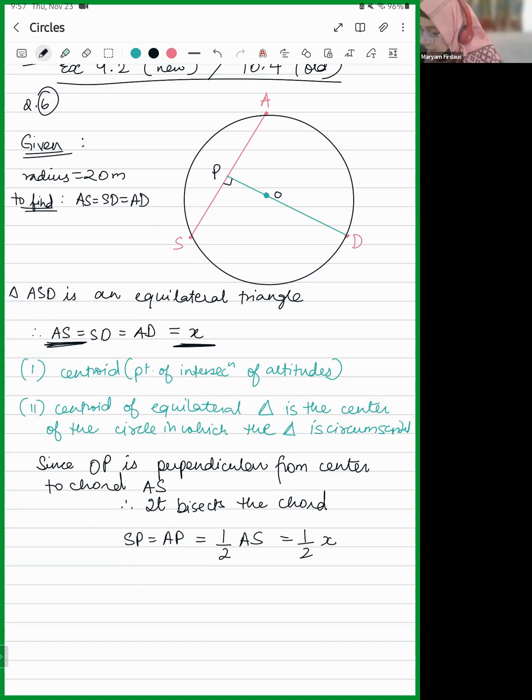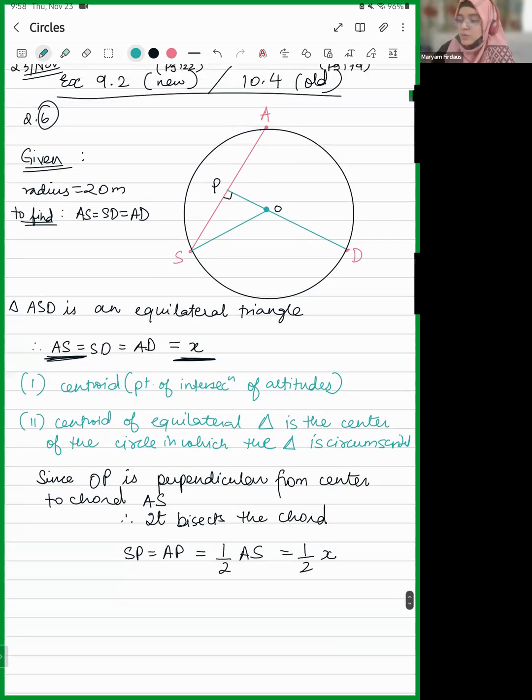Now let's come back to this. We had drawn another line segment, another altitude.